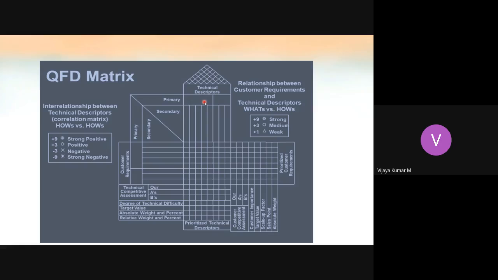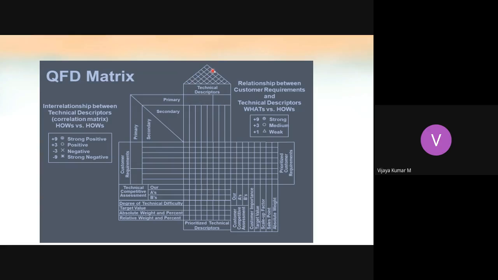Right? And then what you're supposed to do after finding out the customer requirement and the technical descriptors: you have to find the interrelationship between these two. That is this matrix I showed you, the interrelationship matrix. After doing 1, 2, and 3, this is the fourth one, the house of quality. Because here you are having 1, 2, 3, 4, 5, 6, 7, and 8 at the top of the roof.